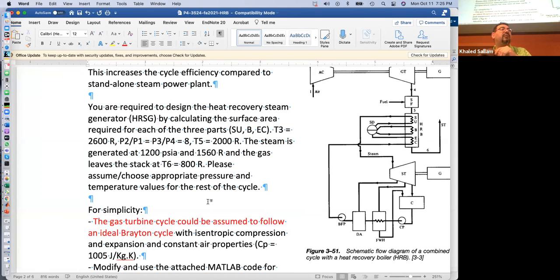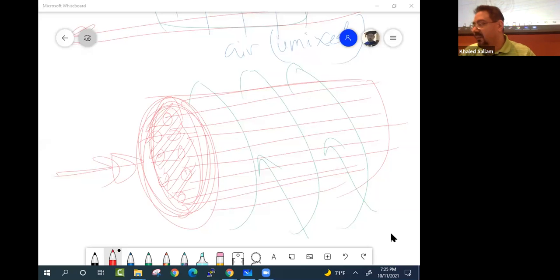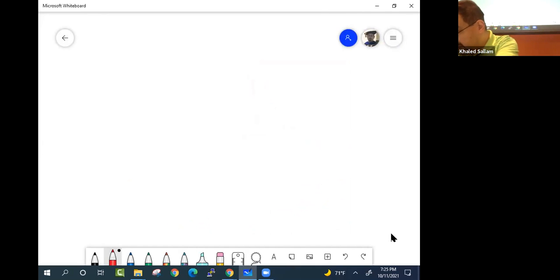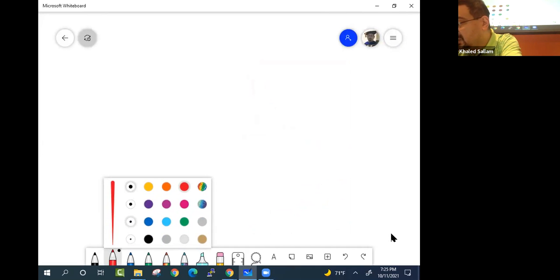Raise your hand. You have heard about Brayton cycle before. One person heard about Brayton cycle. Everyone else did not. So let's revise the Brayton cycle. The Brayton cycle is the cycle for any jet engine, any gas turbine.